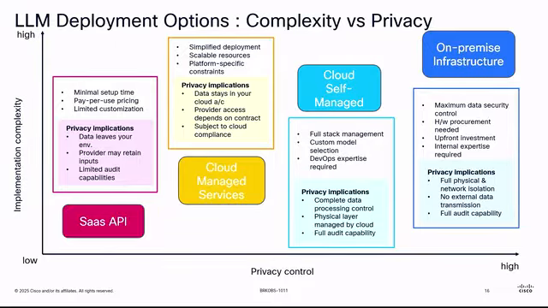That's correct. The way this chart was created, and thanks for reminding me to explain this, on the x-axis you have the privacy control, like how much control you have over the data, and on the y-axis you have the implementation complexity, which is also closely tied to your cost. So if you see, each of these boxes goes up on the diagonal, right?